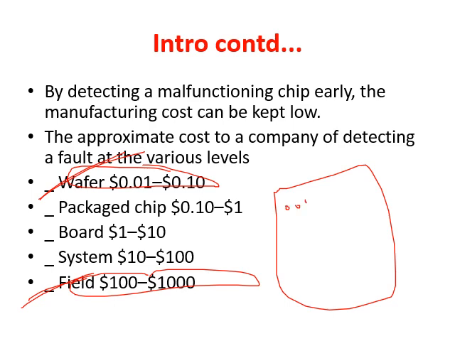So if any of the chips fails, say if I have 200 chips, and only 30 chips are not working, the entire board may not work. Therefore the cost to the company is too high when we go for field level testing.